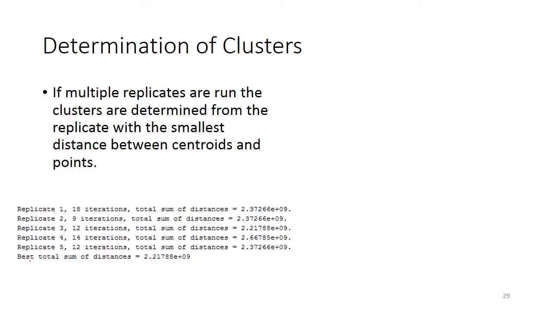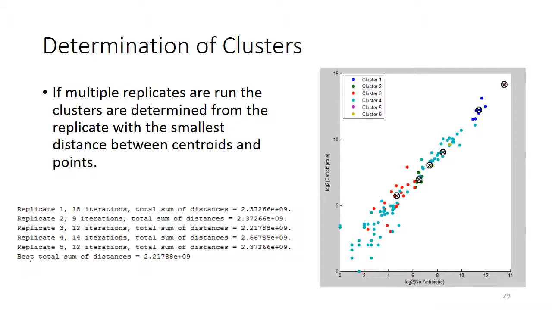And as we can see here, the best replicate was replicate 3, which had the smallest sum of square distances. This doesn't necessarily mean that it had the smallest or largest number of iterations either. As you can see here, it had 12, which is in the middle. And so this is just the clustering that we got from replicate 3.